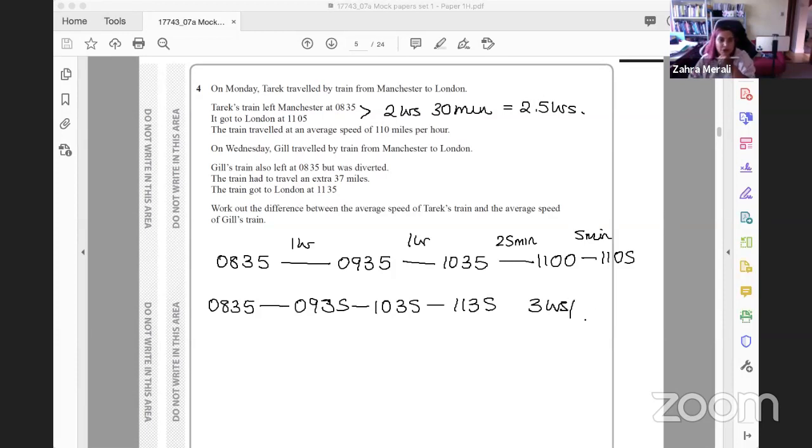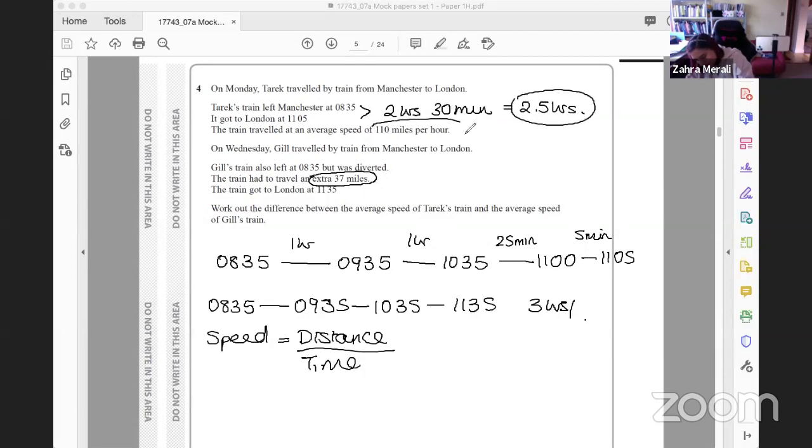Okay, so we want to work out the difference between the average speed of Tarek's train and the average speed of Gil's train. So we already know the average speed of Tarek's train. We need to therefore work out the speed of Gil's train. So we first know speed is equal to distance over time. Now we know the time is 3, but we don't actually know the distance because we know it's diverted by 37 miles, but we need to use this information to find the distance from Manchester to London.